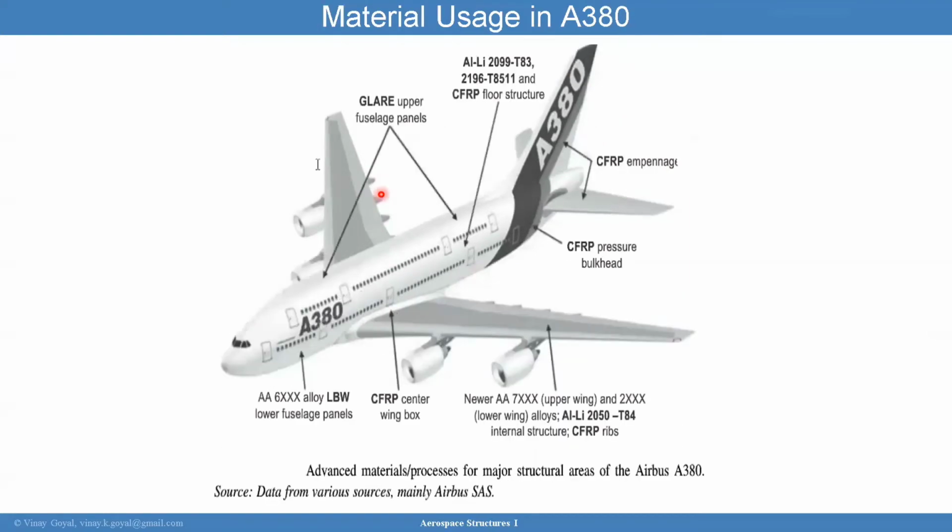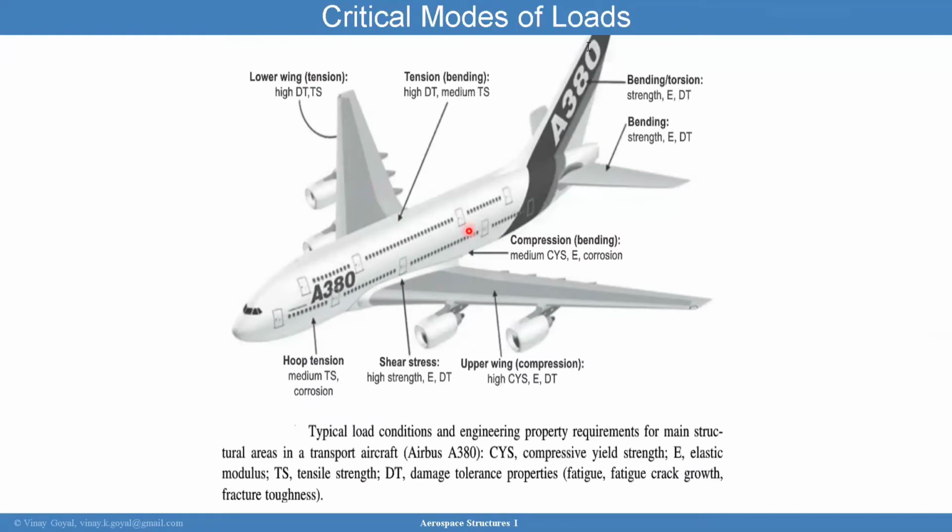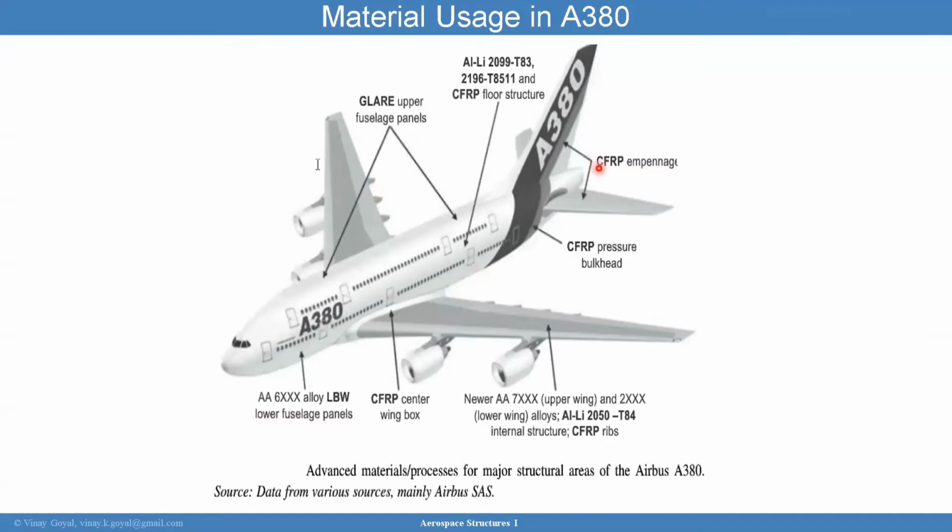So the material usage then, mapping these critical failure modes like tension, compression, yield strength, and so forth, we can map that out into the A380 and further understand the material usage. Here, for example, the fuselage panels were made with GLARE, and the lower fuselage panels with aluminum alloy.